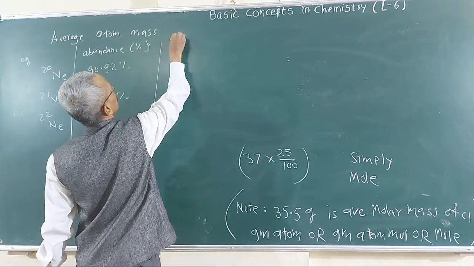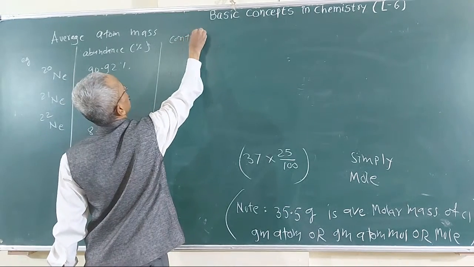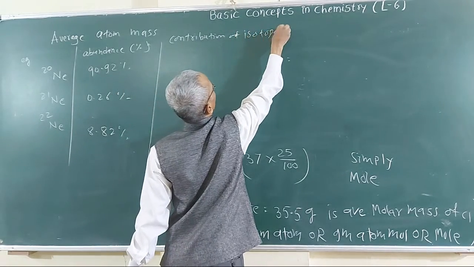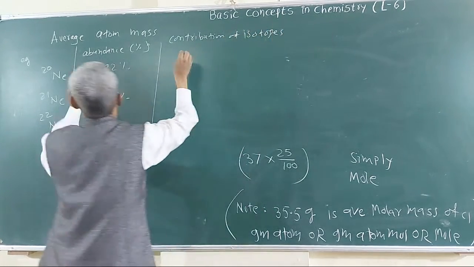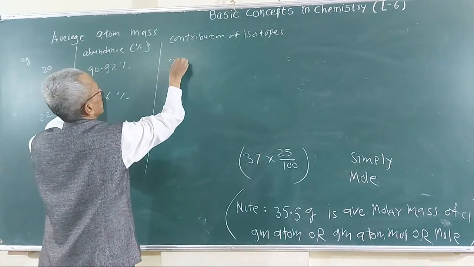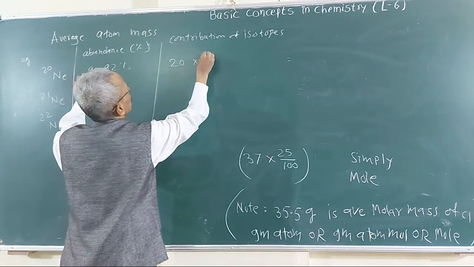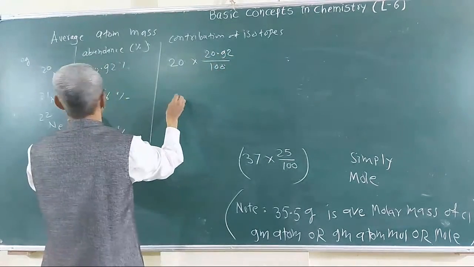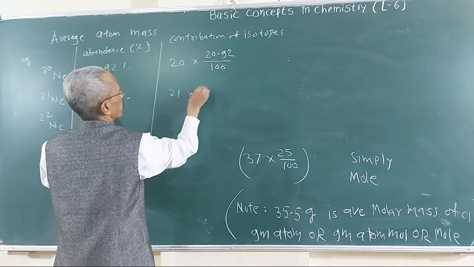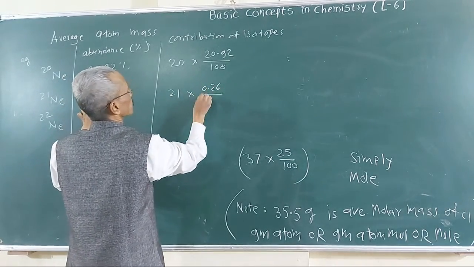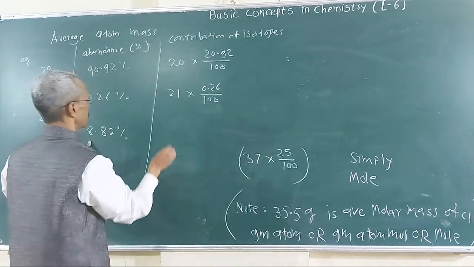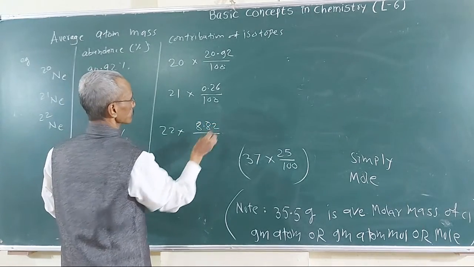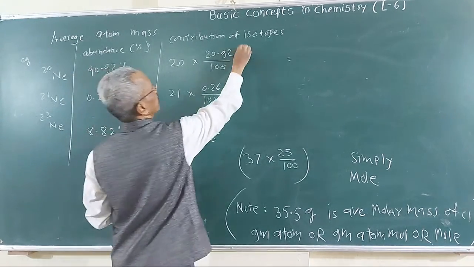Therefore, first the contribution of isotopes in a given sample is the atomic mass unit into its percentage. Here the 21 isotope has its contribution like this, and 22 is 8.82.